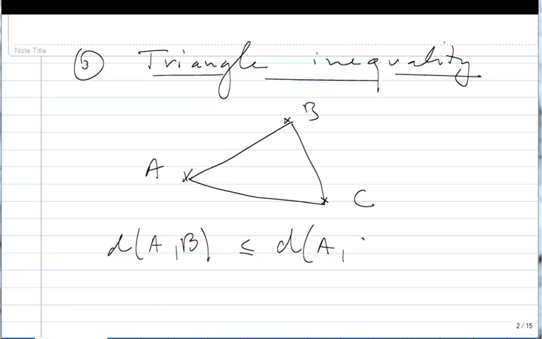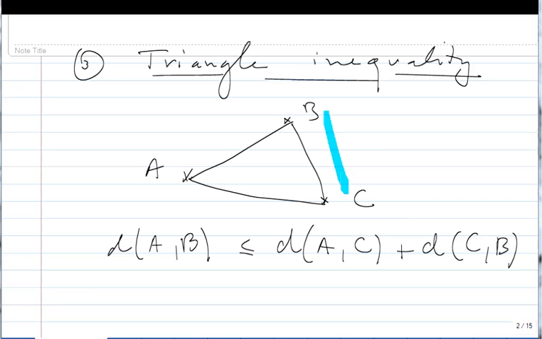And of course you can have any kind of combination, for example, the distance from B to C is less than the distance from B to A plus the distance from A to C, etc.